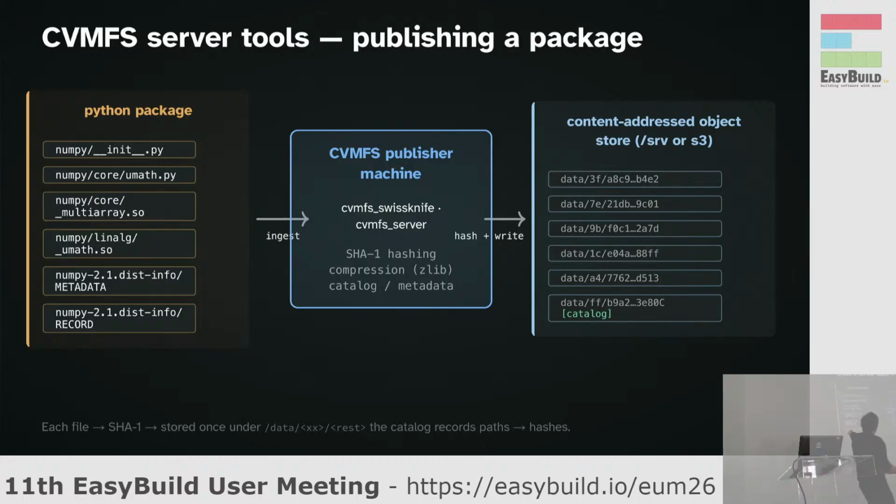And all of the metadata, the file names, the ACLs, the timestamps, all of this goes into a special metadata format that we call a catalog. This is placed alongside the files in the object store, which also has the effect that the metadata of a repository can be loaded on demand. That is the way all of this works.